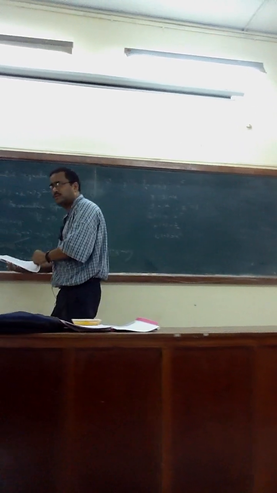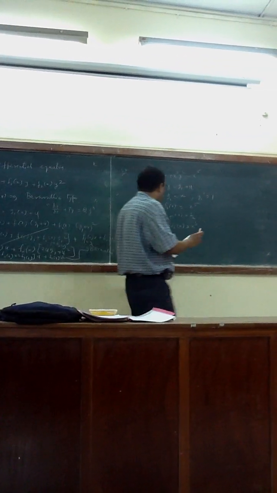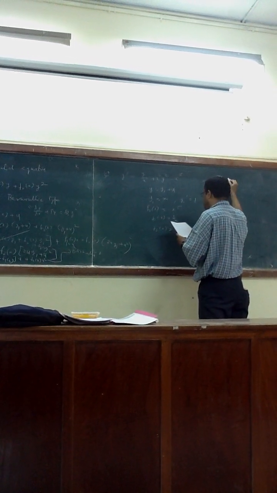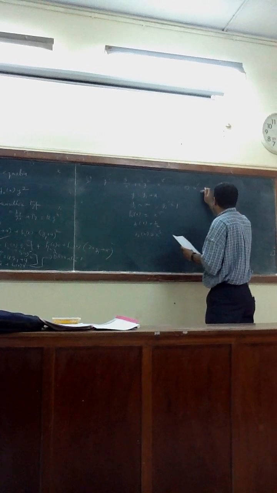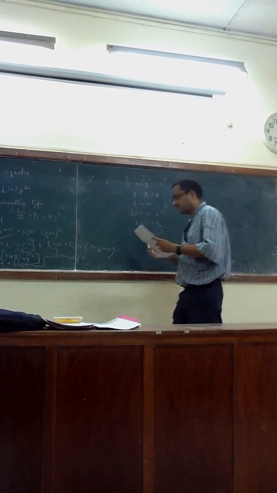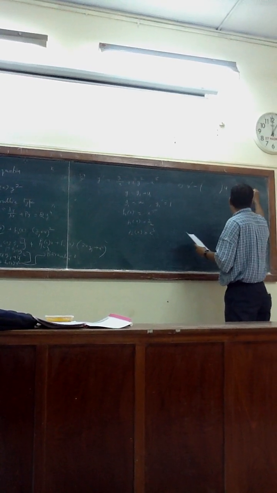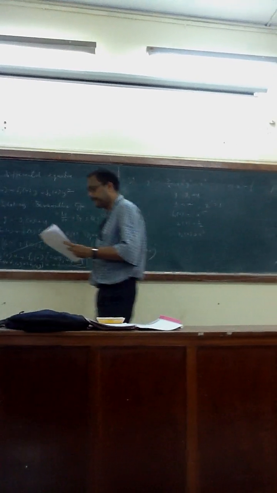What do you get finally? u prime equals to, I want the final form of the Bernoulli equation. Fill in the blanks of the Bernoulli equation.